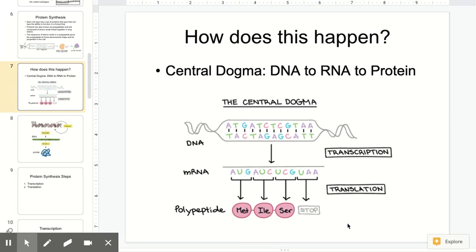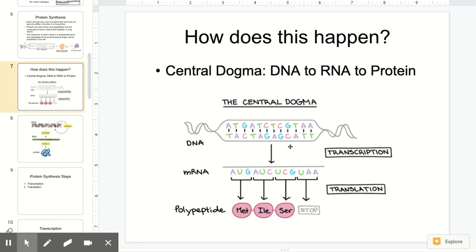Well, there's this idea in biology that we call the central dogma. The central dogma is that DNA contains really important information about genes. These specific genes contain that important information, and these genes need to get expressed. So how do they get expressed?